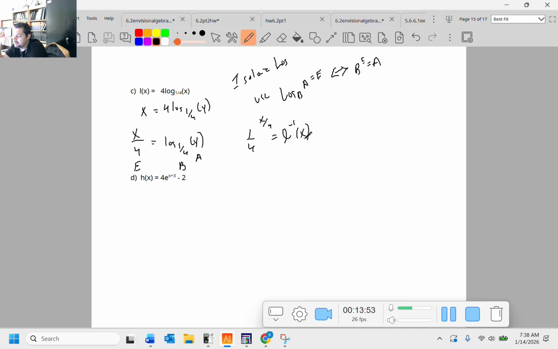We're going to do the same thing on D. Even though it's an exponential, we're going to isolate the base. So after we do our swapping here, we'll go through the process of isolation. We'll add 2. We'll divide by 4.